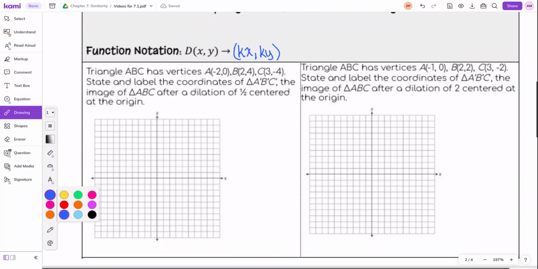So here we have triangle ABC with vertices -2, 0, 2, 4, and 3, -4.